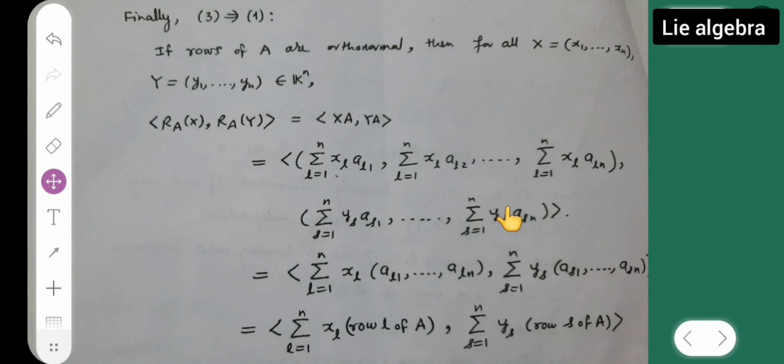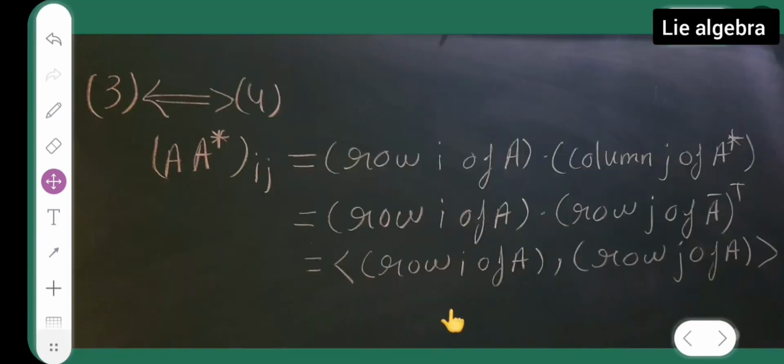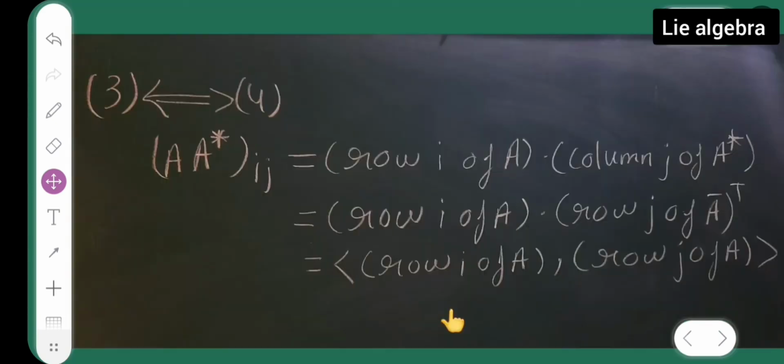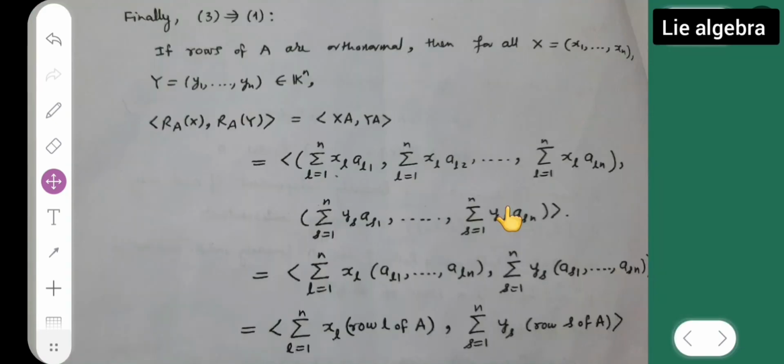Now finally I will be doing 3 implies 1. So if the rows of A are orthonormal, then for all x equal to x1 up to xn, and y equal to y1, y2 up to yn, belonging to Kn.